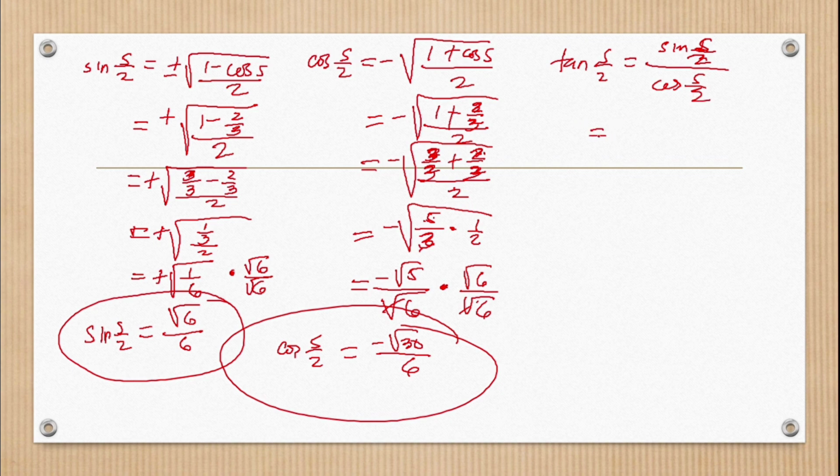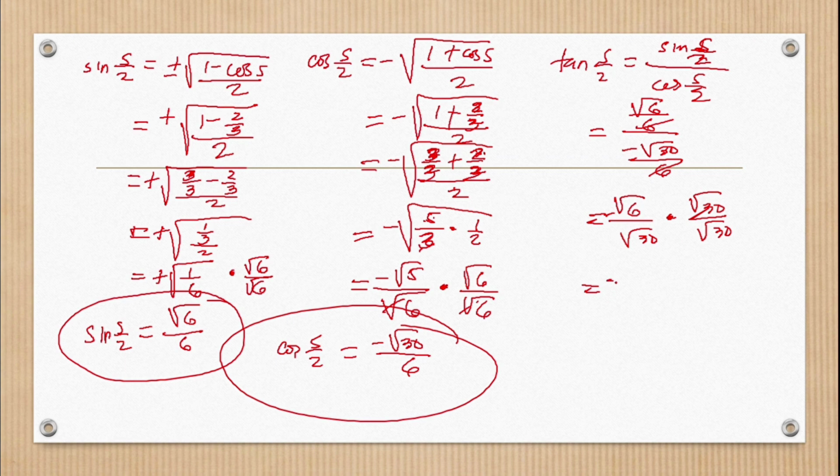So we simplify square root of 6 over 6, which is the sine, over negative square root of 30 over 6. So cancel this part. So we have here square root of 6 negative over square root of 30. So rationalizing, we have square root of 30 over the square root of 30.